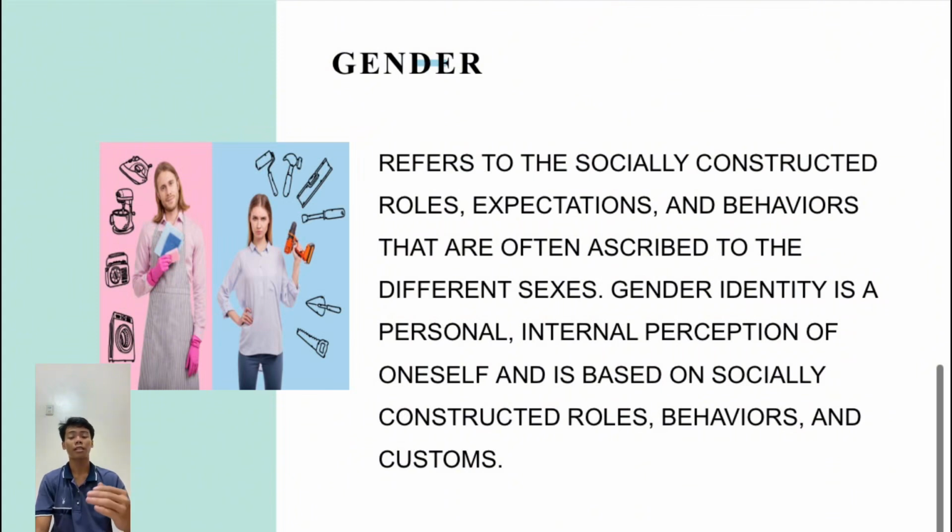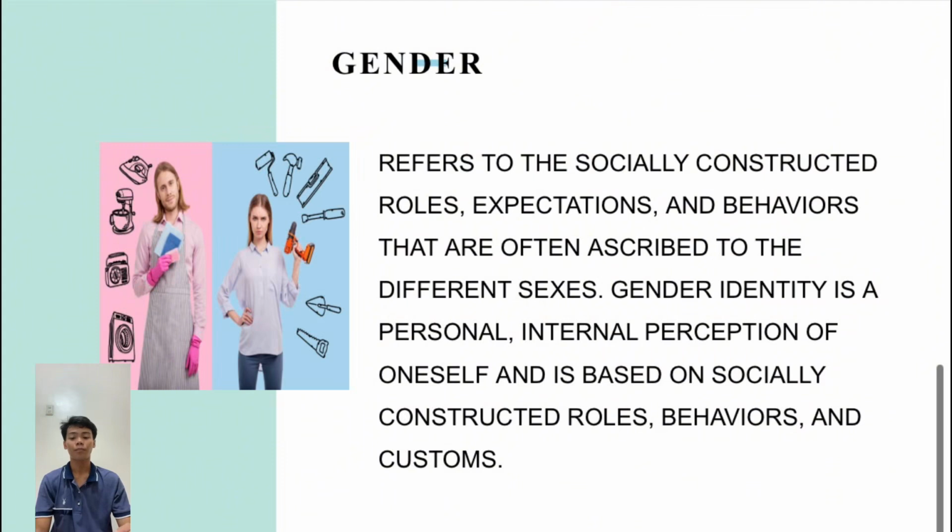However, you are born as a male, your sex is male, however your social customs and behavior are all about female. That's why they call you gay, for example. But that's not a sex, that's a gender. Okay, so that's the difference between sex and gender.